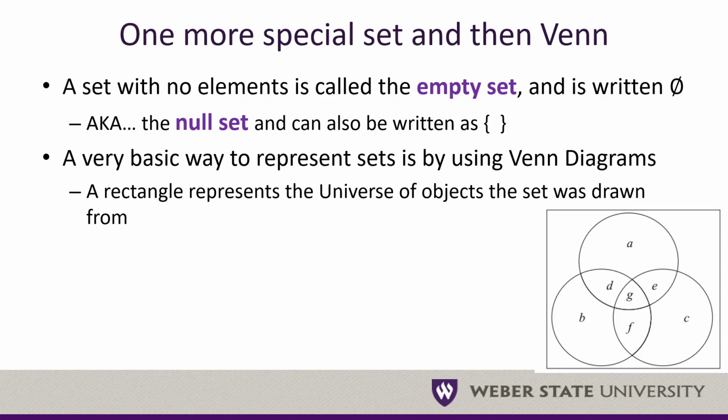A lot of times the box will be left out, but we're still usually looking at some universal set, like the set of numbers. You know, for most math problems, that's what you're talking about, the set of numbers. Well, is that set the set of all numbers? Is it the set of integers? Is it the set of real numbers?